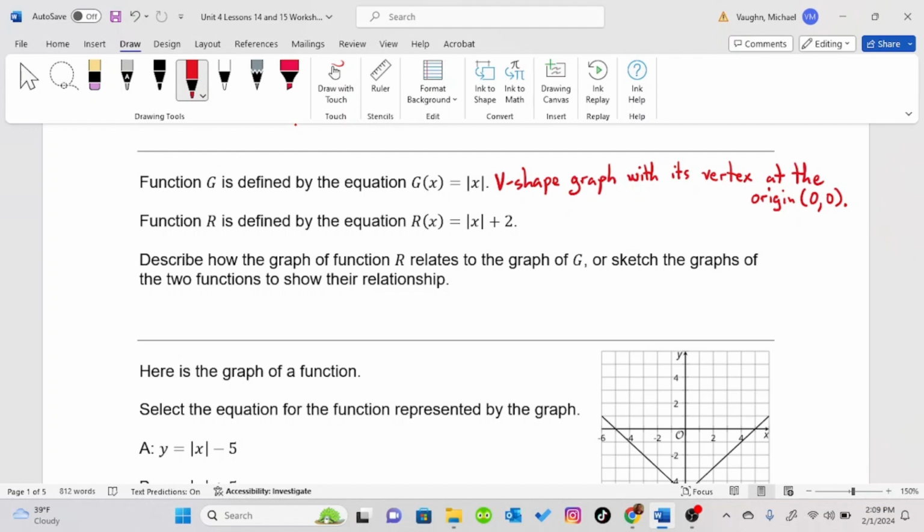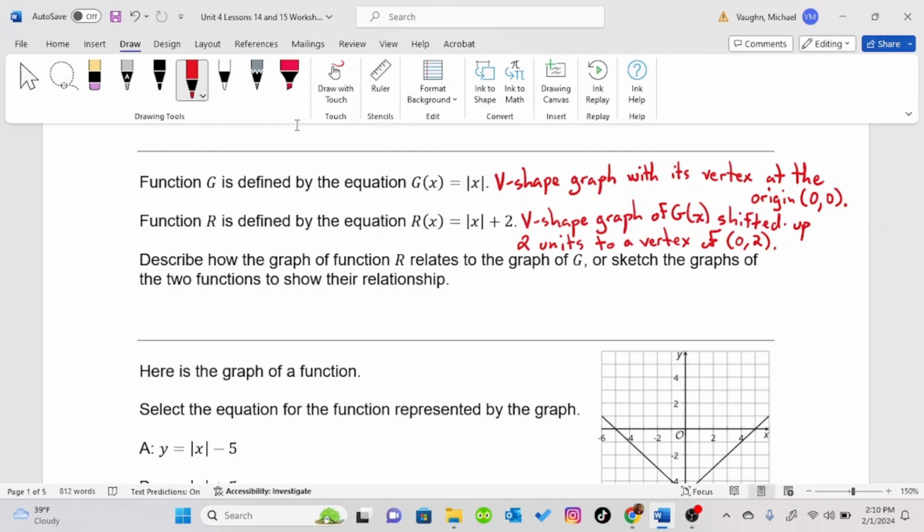So this V-shaped graph shifted up 2 units to a vertex of 0, 2.